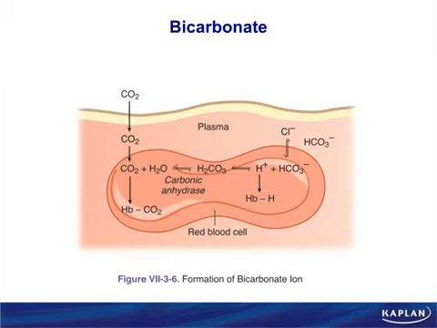The primary way CO2 is transported is as bicarbonate. Notice the chemical reaction that we have in this red blood cell. CO2 comes from the tissue, dissolves into the erythrocyte. Man, is that CO2 soluble. Combines with water in the presence of carbonic anhydrase to generate hydrogen and bicarb.